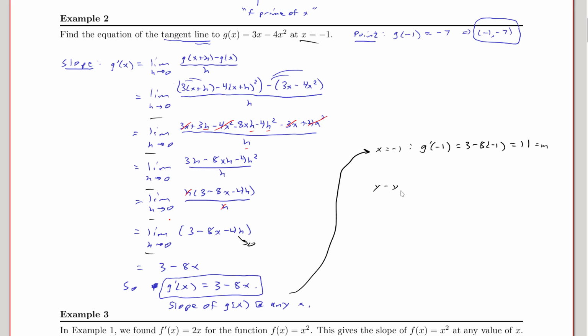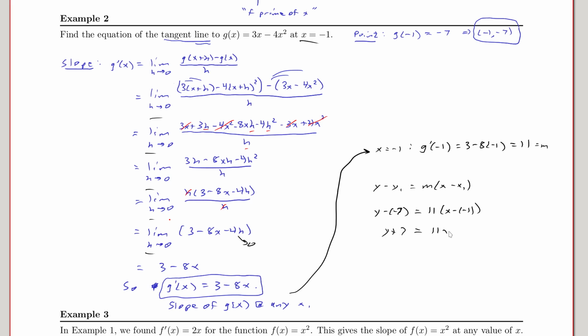So using point slope form, because I have a point and I have a slope, we'd have y minus -7 equal to my slope 11 times x minus -1. Be careful with all those negative signs. This is y plus 7.